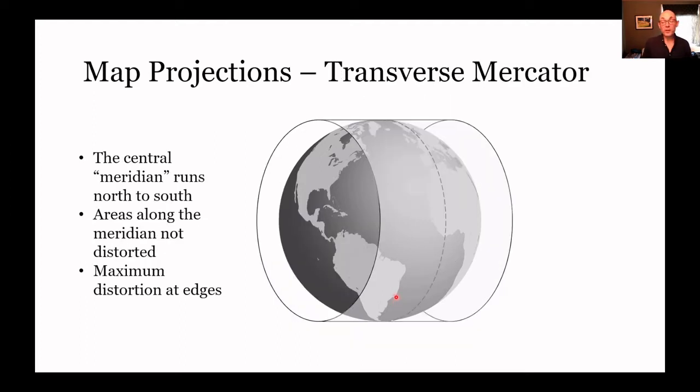If instead we turn it around, then we have minimum distortion going all the way along this line, and then the maximum distortion coming out here. But because our continents also follow this line, if we rotate the ball of the Earth around, this best fit can cover a larger portion of the continent or landmass in question.